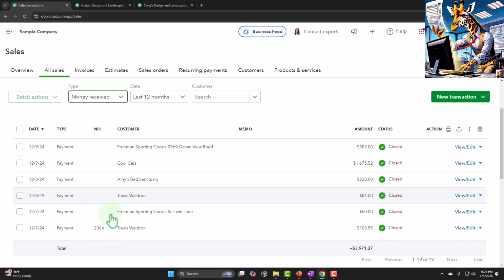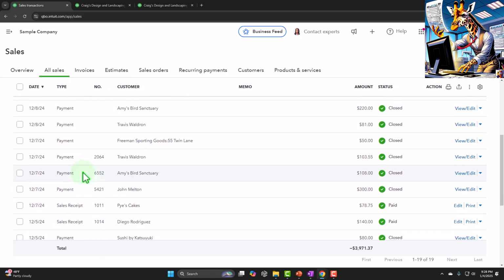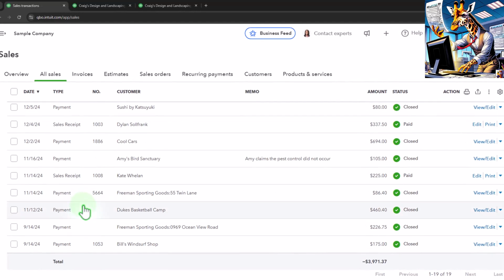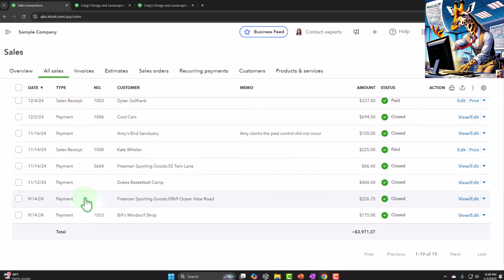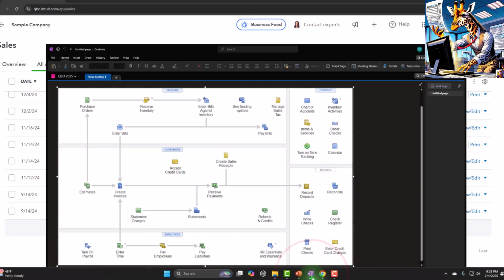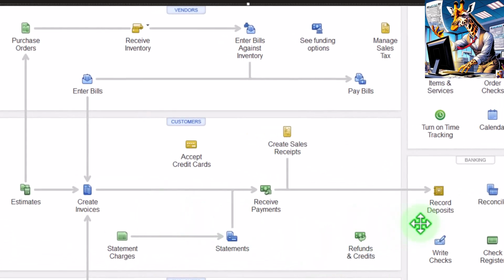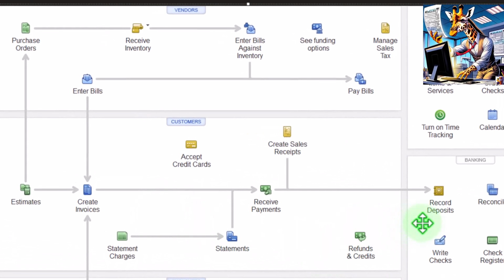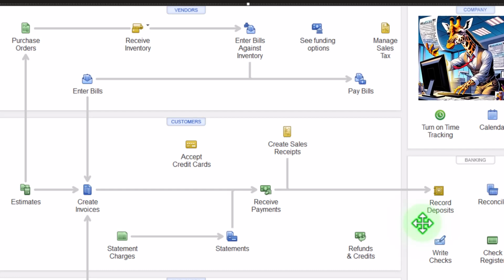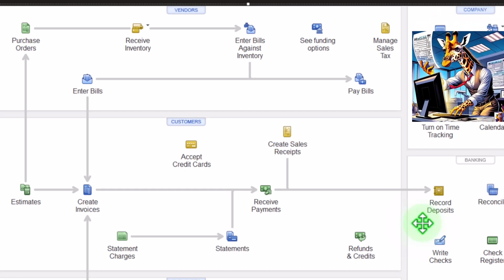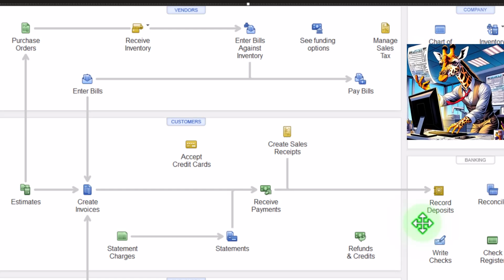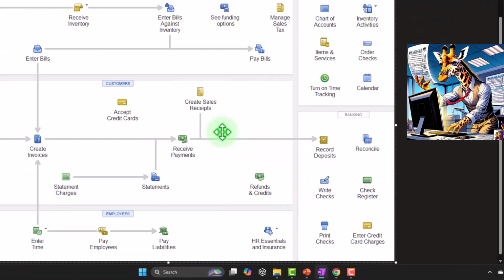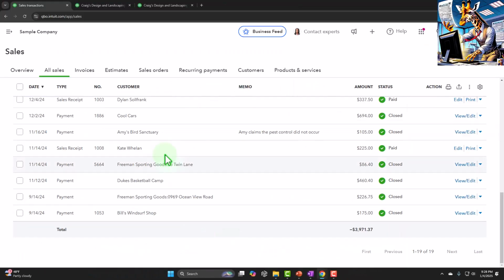Money received, so we have the payments then, payment forms, and the sales receipts. So this would basically be the money in forms. Notice what's not in here typically is the deposit. So we talked about last time, when we think about our cycle, the easiest cycle we said was like gig work, in which case you just wait till it clears the bank and record the income with a deposit form. Because that form isn't the normal sales form, you're going to lose some tracking, because notice that that's not usually included here.